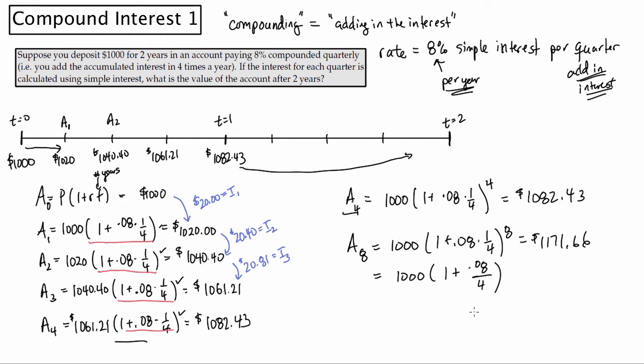The 8's kind of misleading. What isn't misleading, though, is we're doing it 4 times a year for 2 years. And so this formula is the one that I want us to take a look at and see if we can generalize.